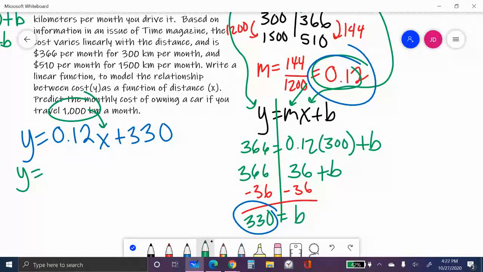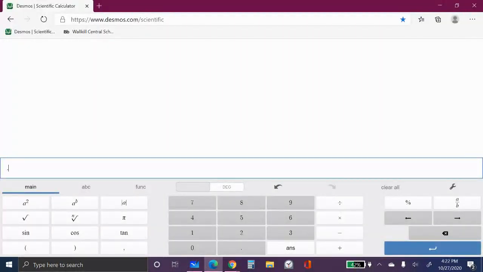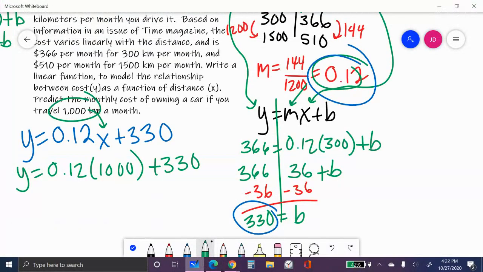And they're going to do 0.12 times 1,000 plus 330. All right, 0.12 times 1,000 plus 330 is $450. So that's going to be my monthly cost.